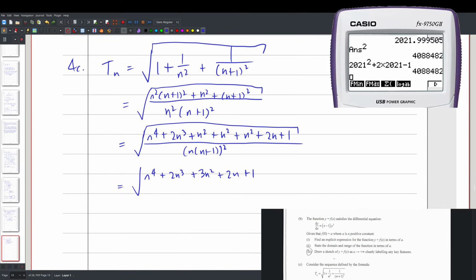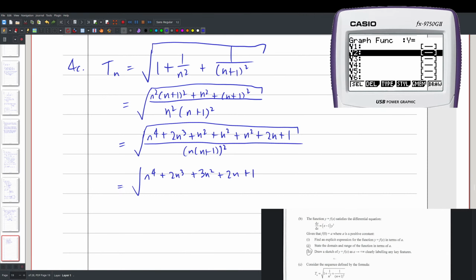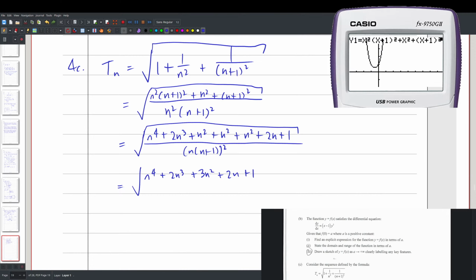Well, one way to factorize something is to look at its roots. So, bro, it has no roots.